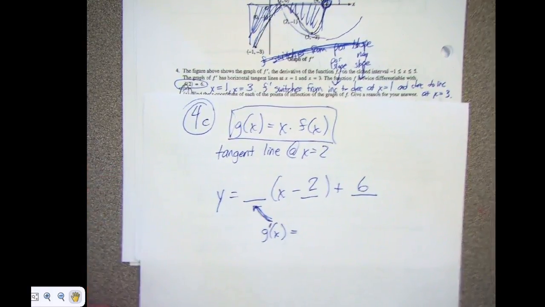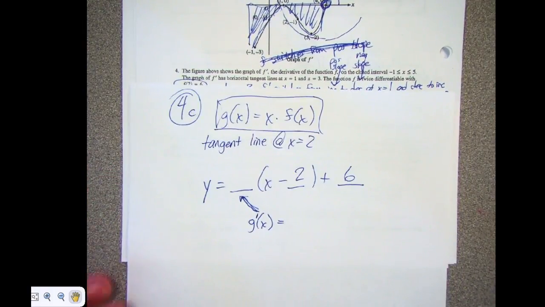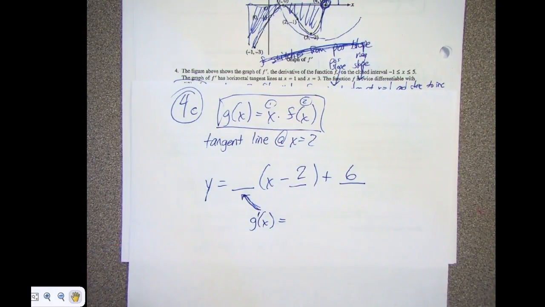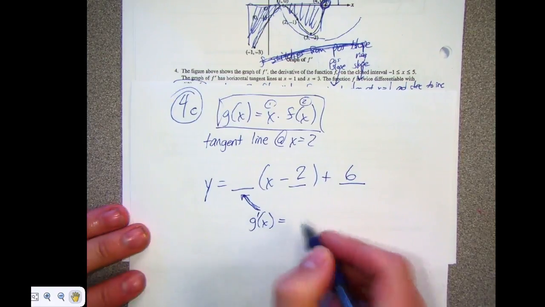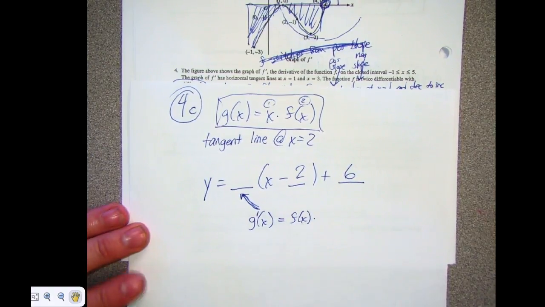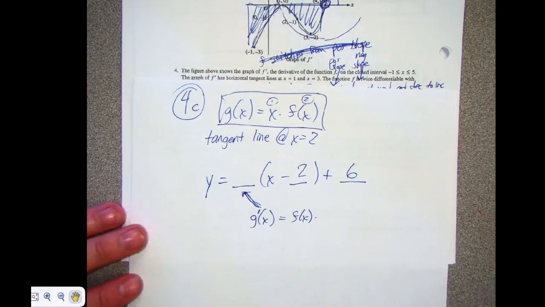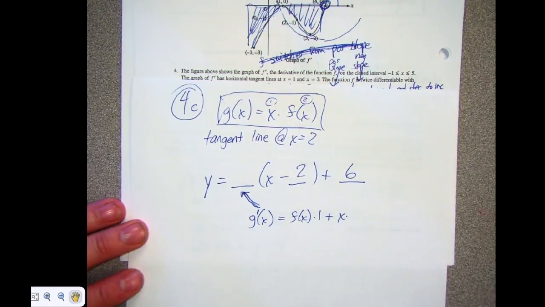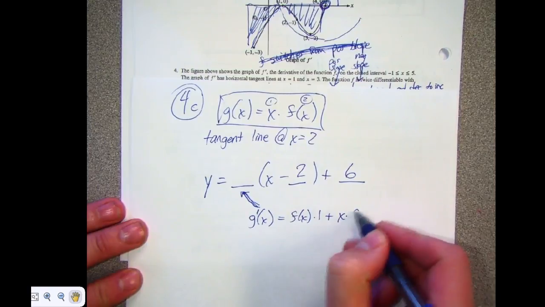Alright, so you got like your first guy and your second guy up there. Remember your product rule is 2d1 plus 1d2? So the second thing is f of x times the derivative of the first thing, 1, plus the first thing, x, times the derivative of the second thing, f prime.